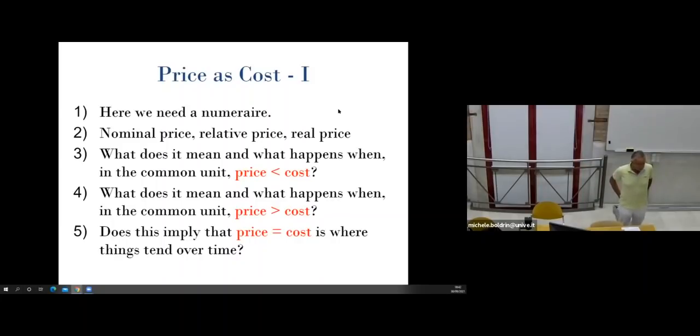A numeraire could be euros, dollars, potatoes, anything. Jordan shoes. Doesn't matter. A numeraire is essentially anything other than the thing you're selling, or maybe even the thing you're selling or buying, that is used as a unit of measure of what you pay.